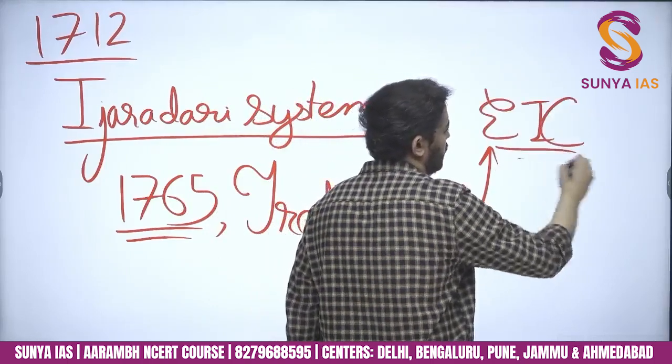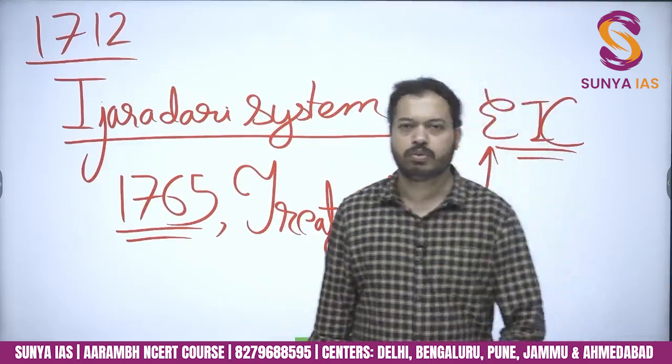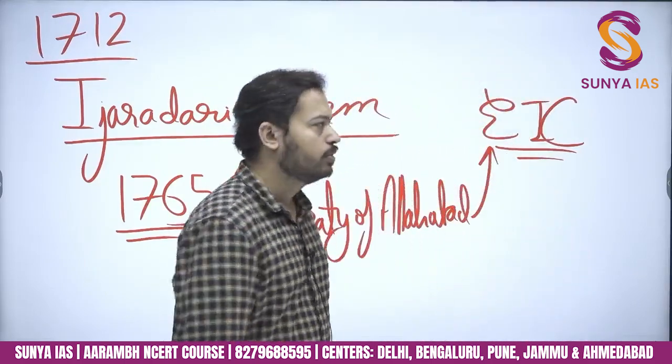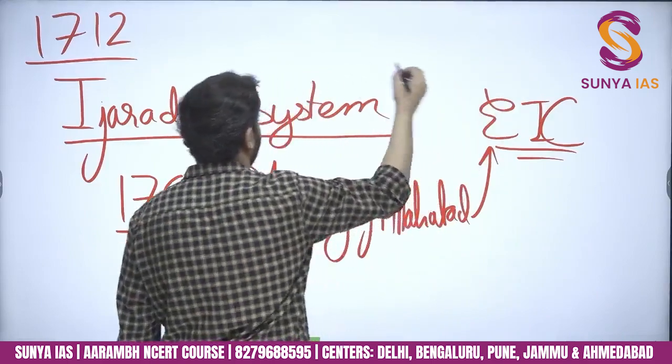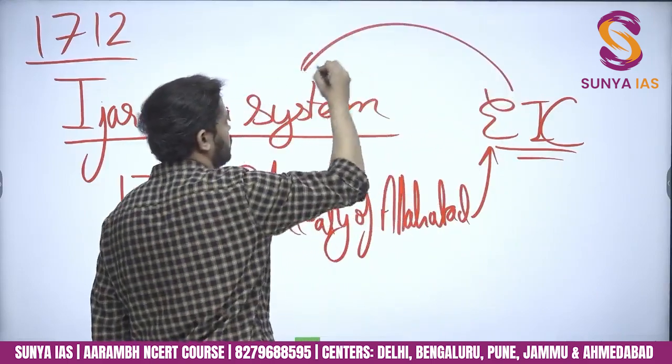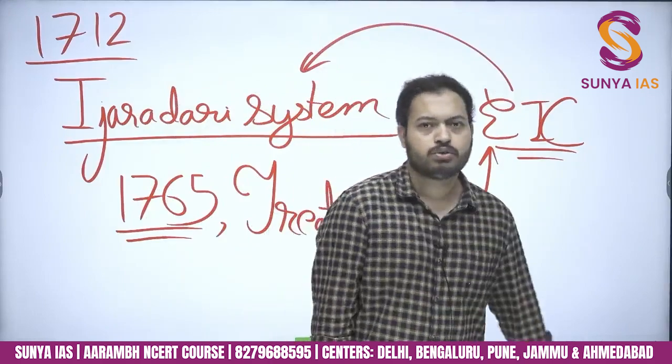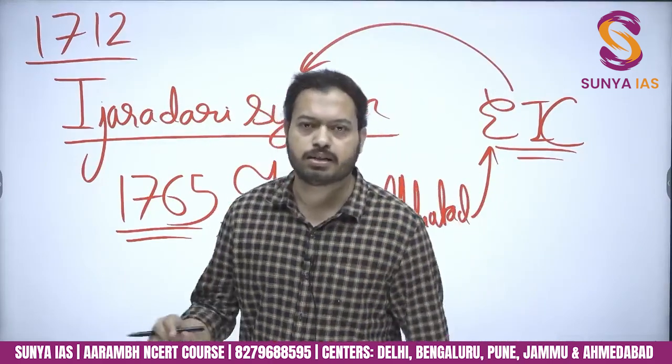They thought that the easiest way forward would be to take over the already existing system, that is the Izaradari system. So they thought, let's follow the Izaradari system.